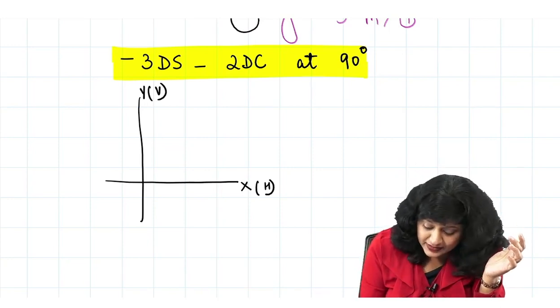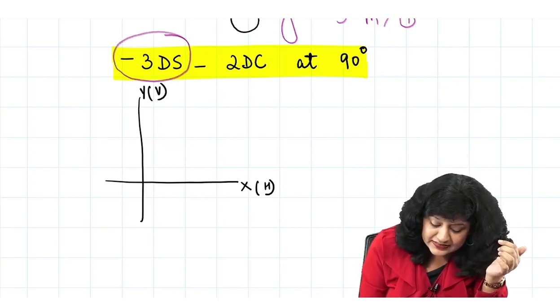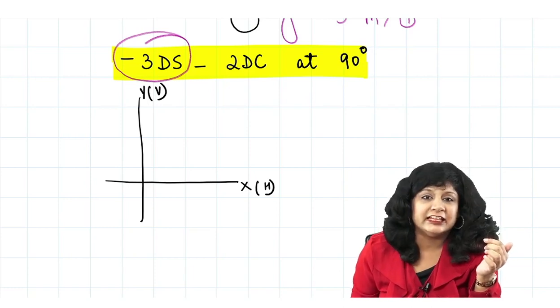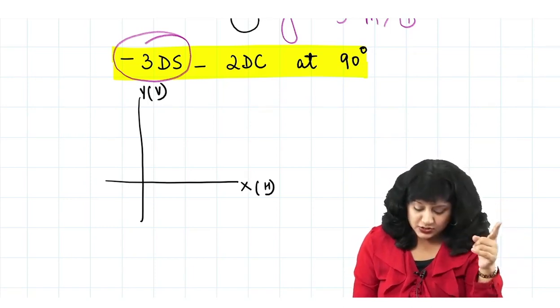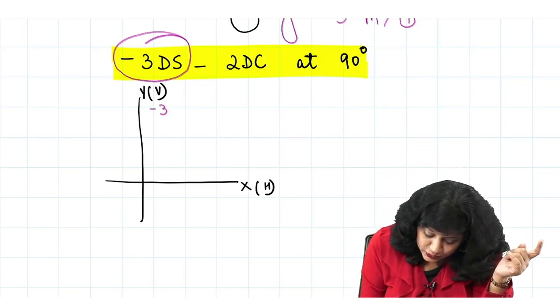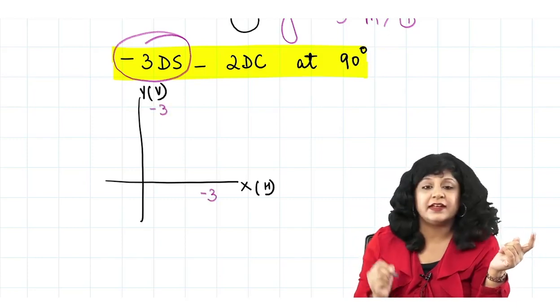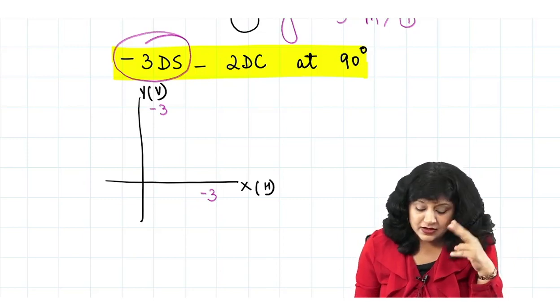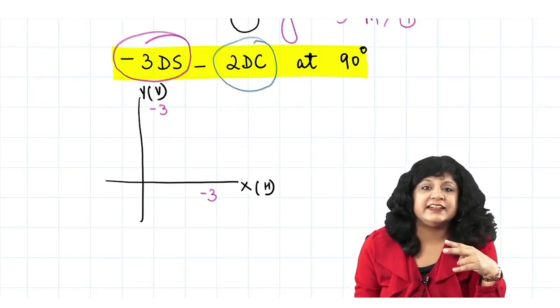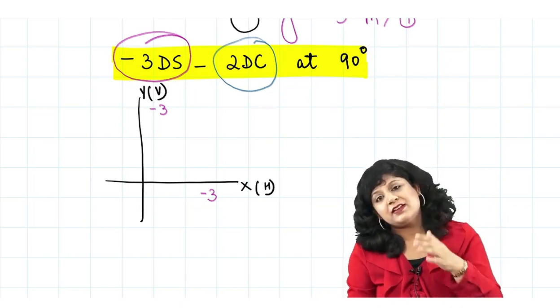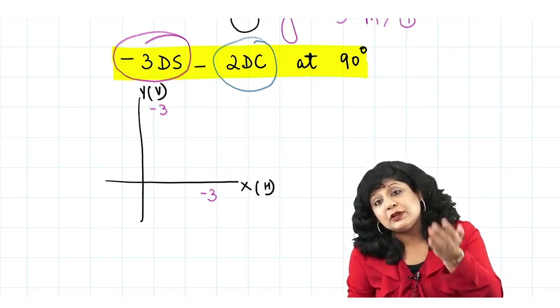Now I am saying that -3 is actually diopter spherical. Spherical means equal in all the meridians. So -3 here also and -3 will be written here also. That is so easy. Now second thing that they are saying is that -2 is cylinder, and cylindrical errors are there at a particular plane.